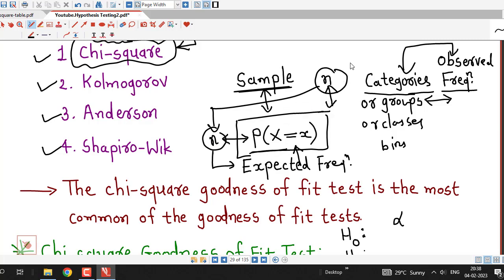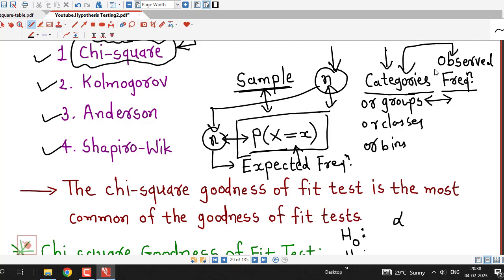I repeat again, we will be given a sample of say n observations in terms of frequency distribution. We will have different categories or groups or classes or bins. If we have a discrete random variable, we will have integer values for different categories.